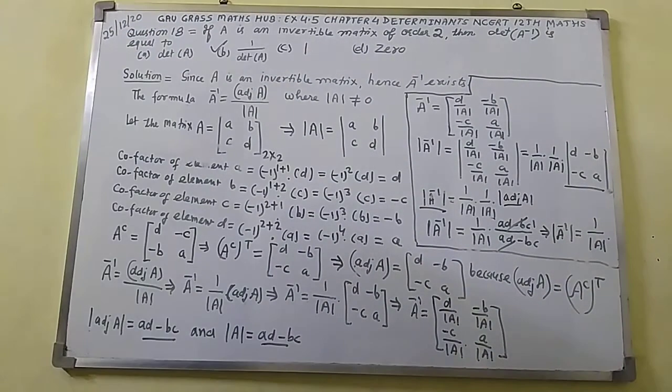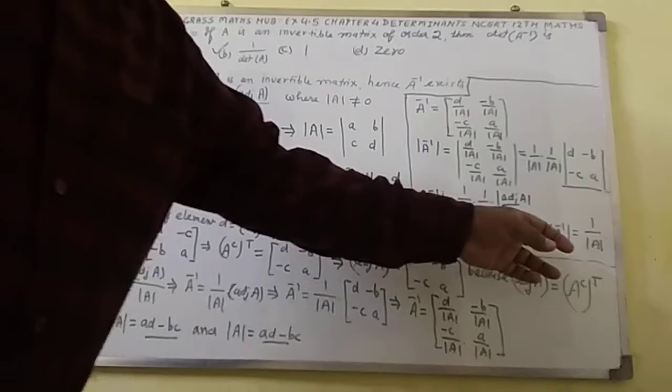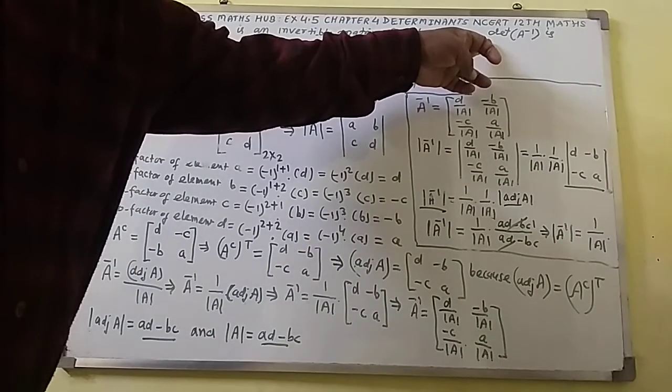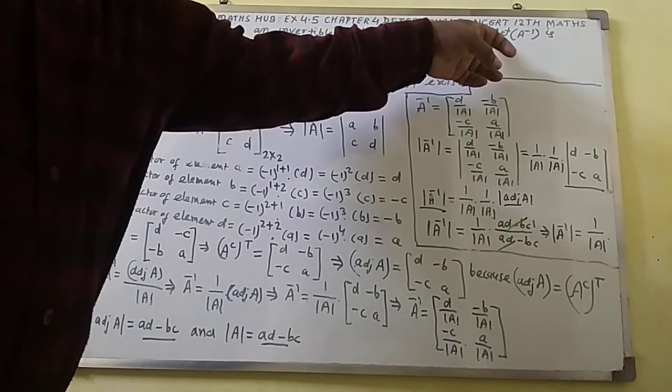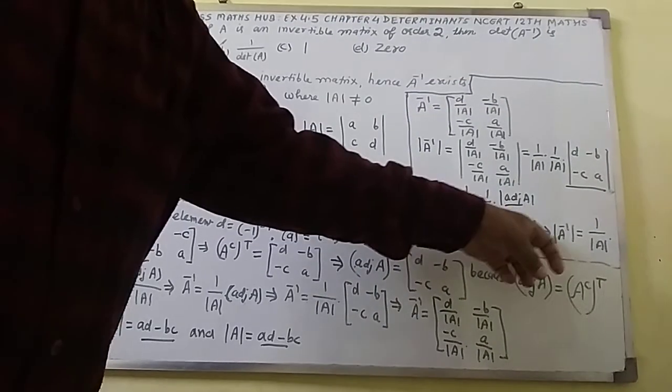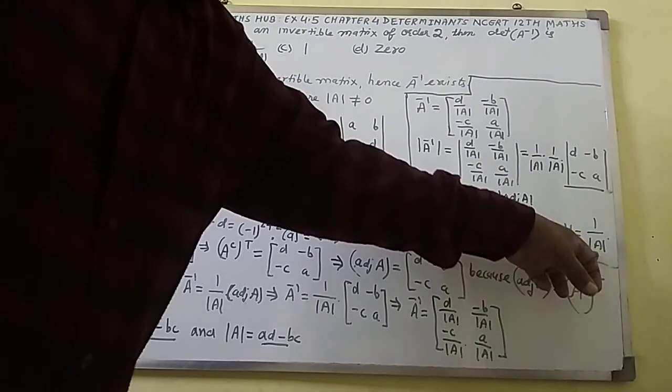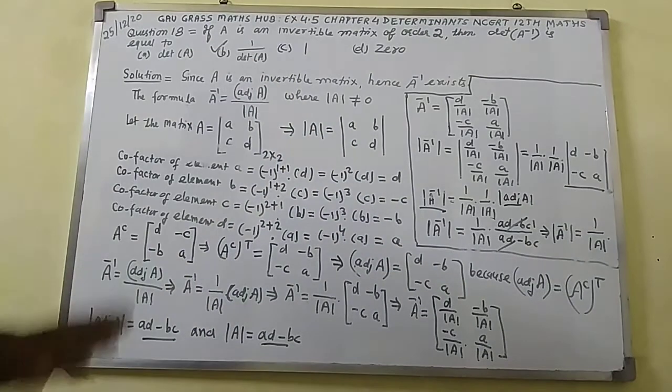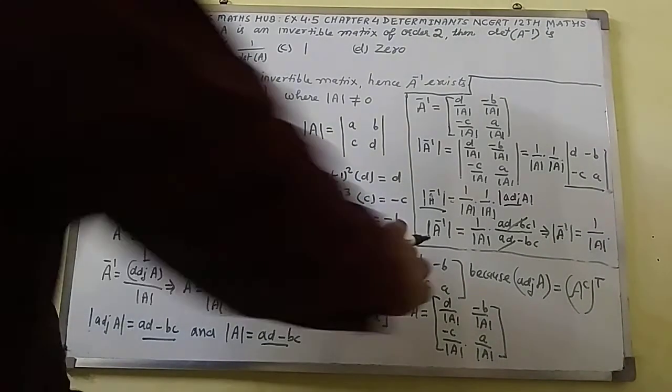Option B is the correct answer, because here it is asked det of A inverse, and det of A inverse equals 1 over det A. So 1 over det A is the correct answer.